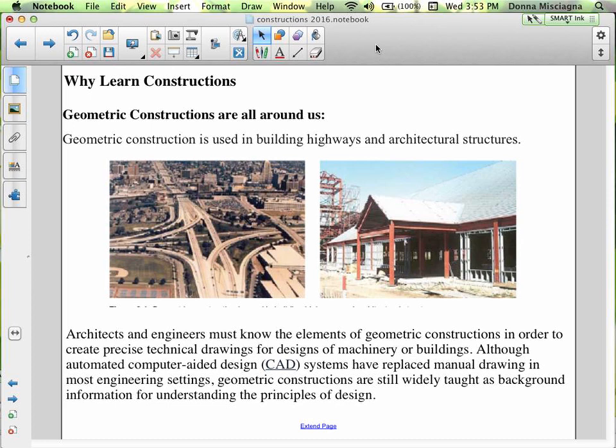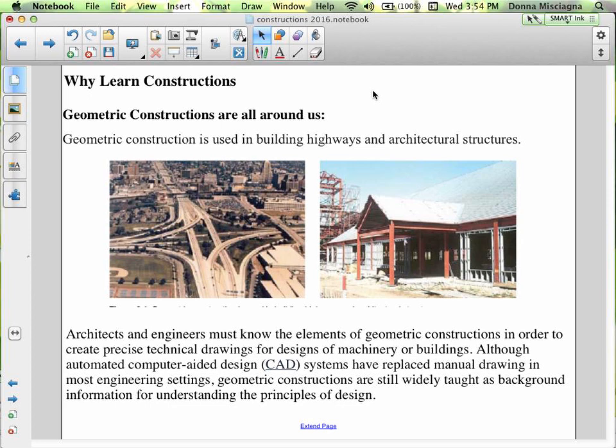Continuing on, why learn constructions? Geometric constructions are all around us. Geometric construction is used in building highways and architectural structures. So here we have a highway, and here we have an architectural structure, a building. Architects and engineers must know the elements of geometric constructions in order to create precise technical drawings for designs of machinery or buildings.